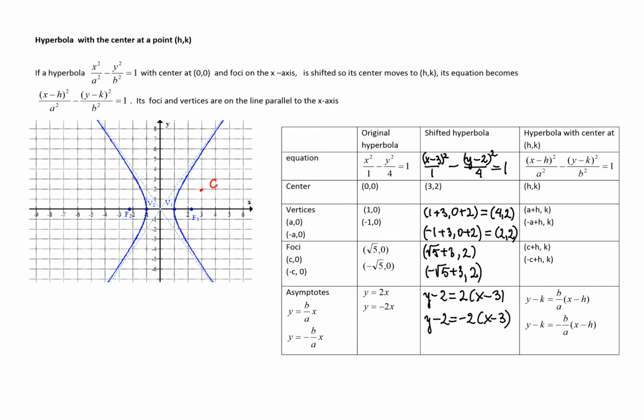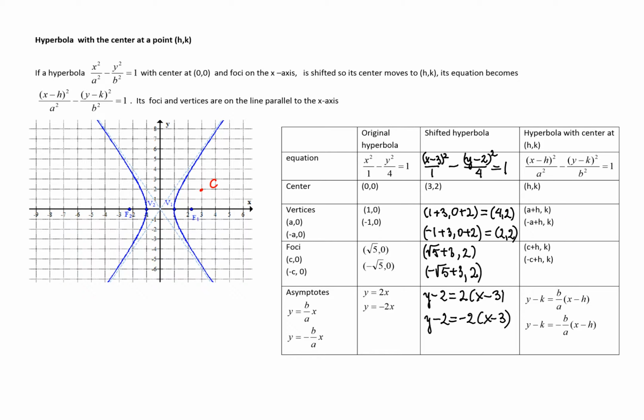Once we have this example, we can generalize this to the situation where we are shifting a hyperbola with the equation x squared over a squared minus y squared over b squared is equal to 1 in such a way that the center is now at the point (h, k). We'll change the equation accordingly, taking into consideration the amount of shift and direction of that shift.